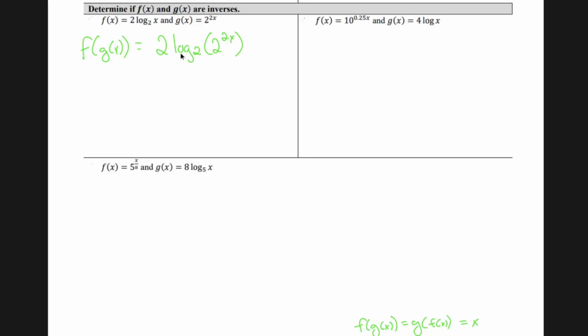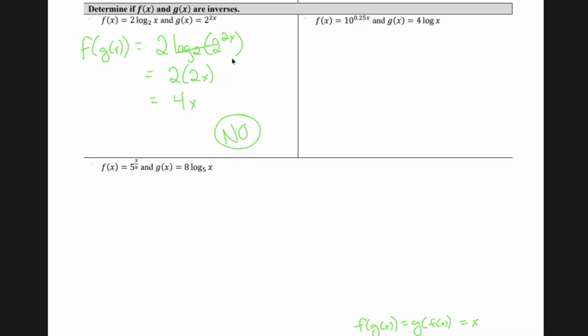Log base 2 of 2 cancels out, so you drop down the 2x, and that 2 is just living there. 2 times 2x is 4x. So f of g of x is supposed to be x. It came out as 4x, so the answer is no, these are not inverses.